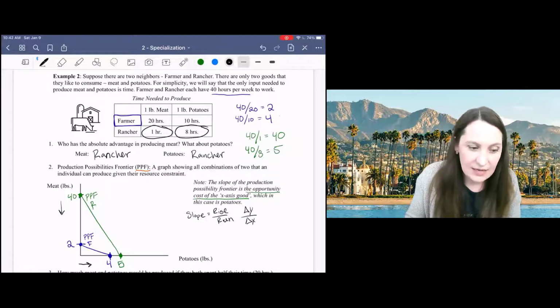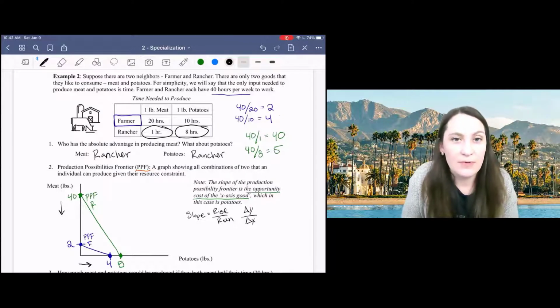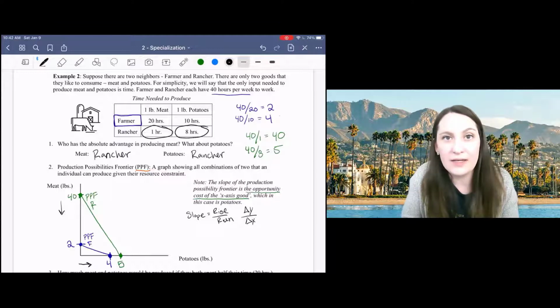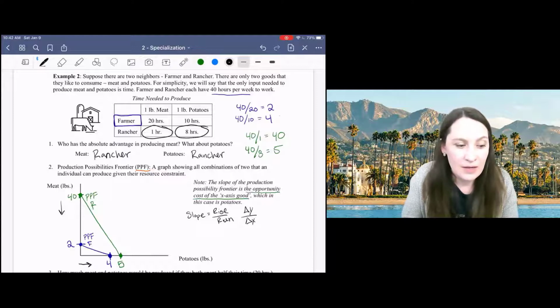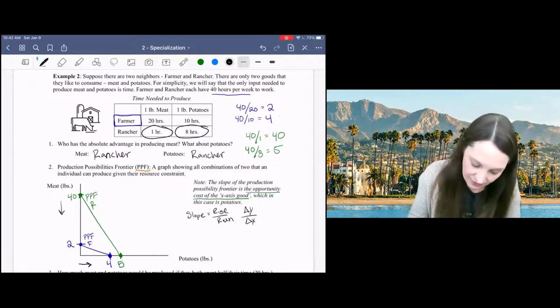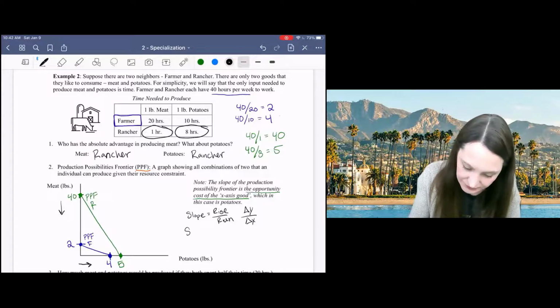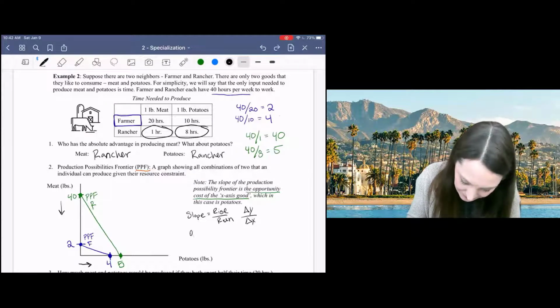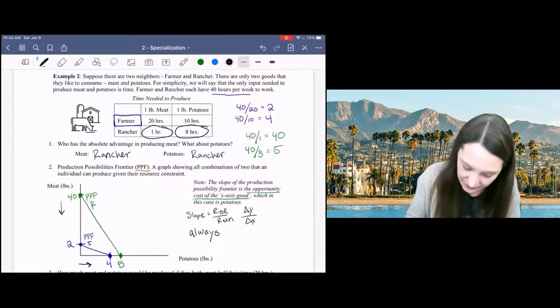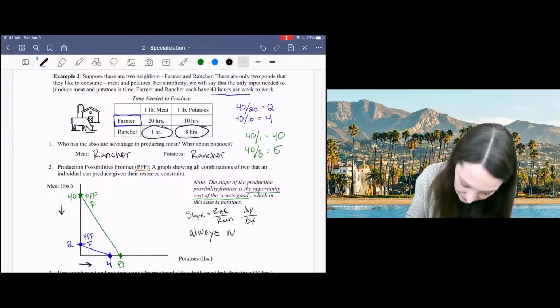So you can see that the slope of the production possibility frontier represents the quantity of meat we have to give up in order to produce 1 additional pound of potatoes. In other words, the opportunity cost of producing potatoes. Of course, the slopes are negative, representing the trade-off between the two goods. In order to get more of one good, we have to produce less of the other.